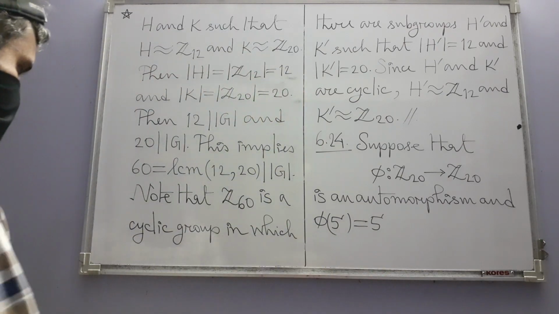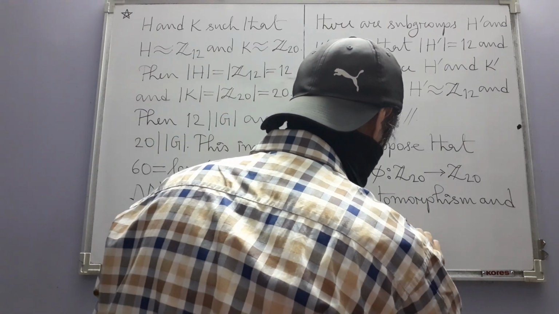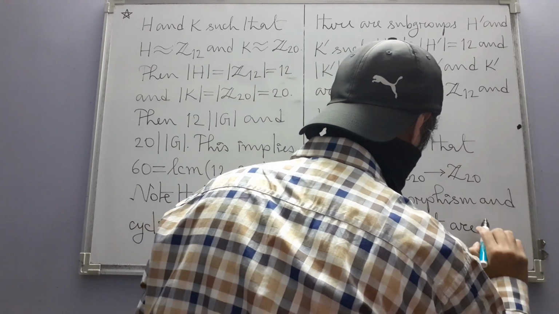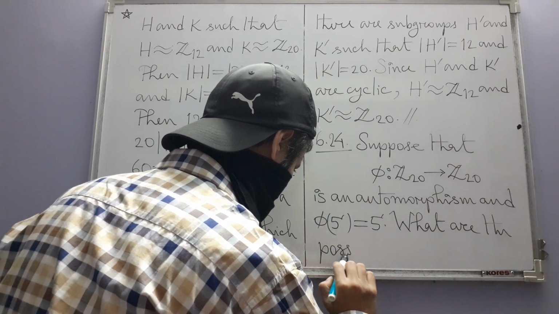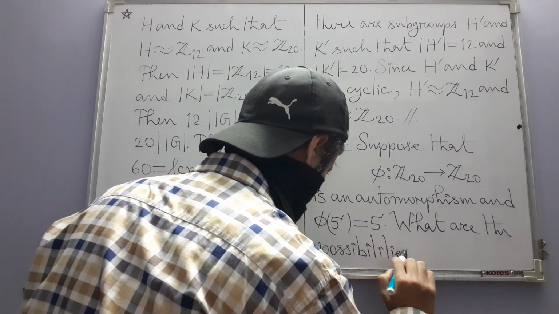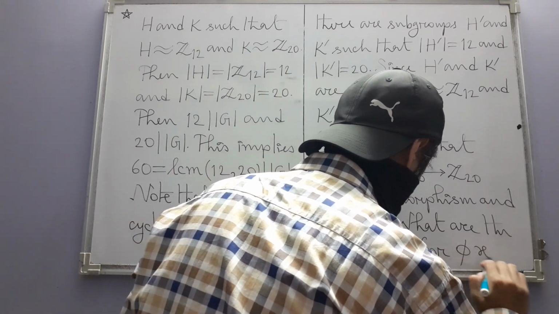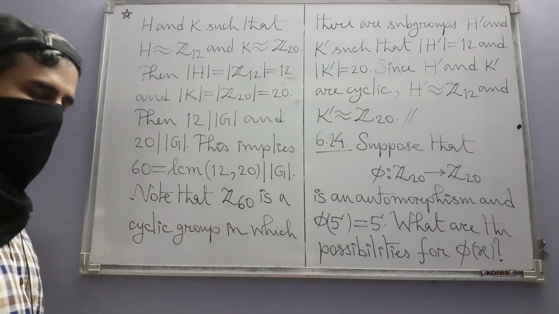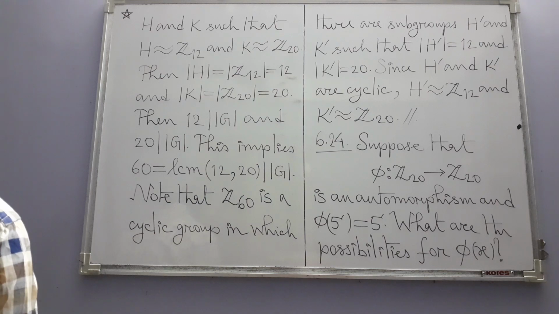So 5 is a fixed point of the function phi. What are the possibilities for phi of x? What can phi of x possibly be if it has to satisfy these conditions?